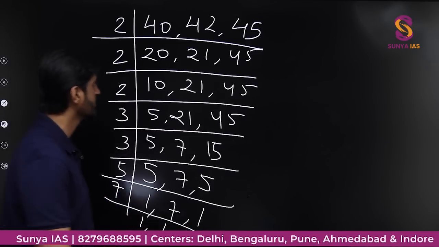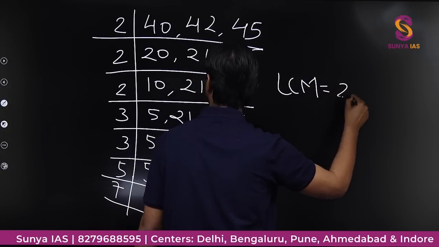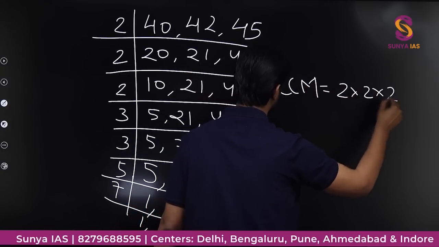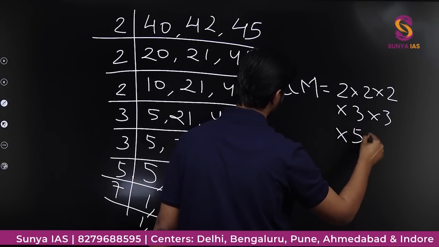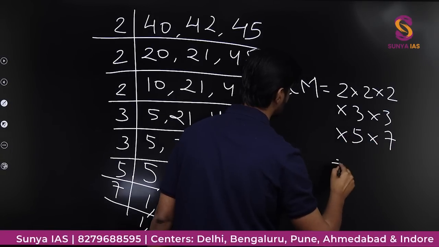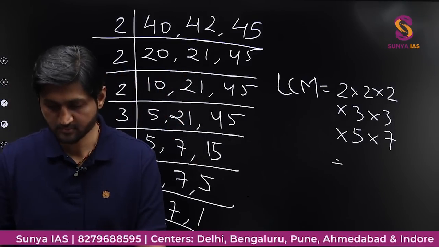So ultimately, one can say the LCM of these 3 numbers is going to be nothing but 2 into 2 into 2 multiplied by 3 into 3 multiplied by 5 multiplied by 7. And so when we multiply all these numbers, we'll get the final number.